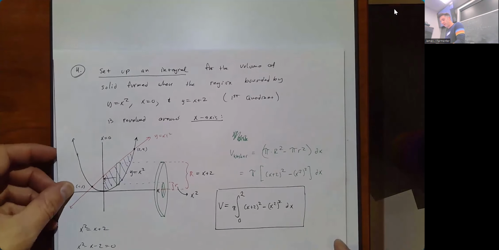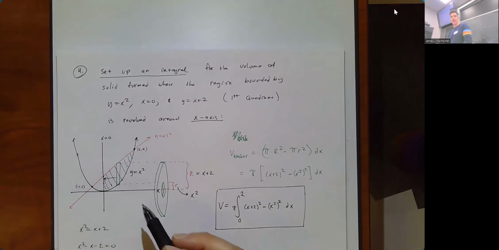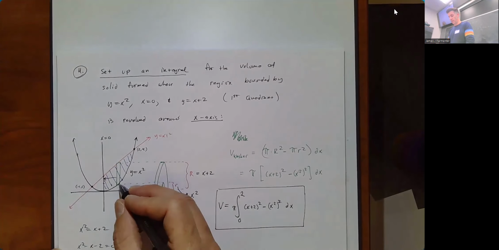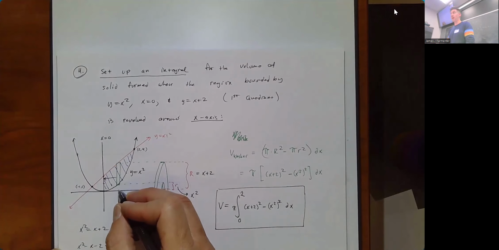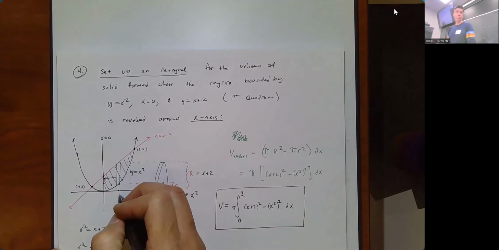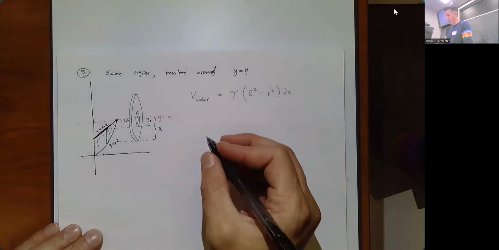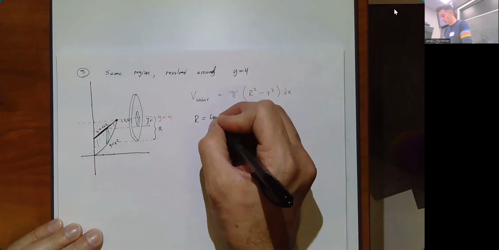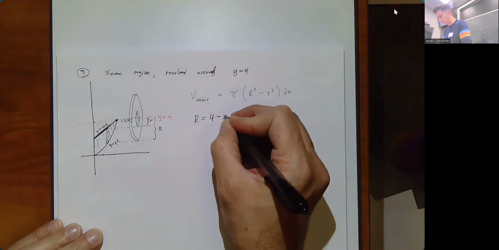Over here, my inner radius wasn't really just x squared. My inner radius was x squared minus 0, the difference between my function and the axis of rotation. And my outer radius was x plus 2 minus 0. The same logic applies here. My outer radius is the difference between the axis of rotation and the further away function.